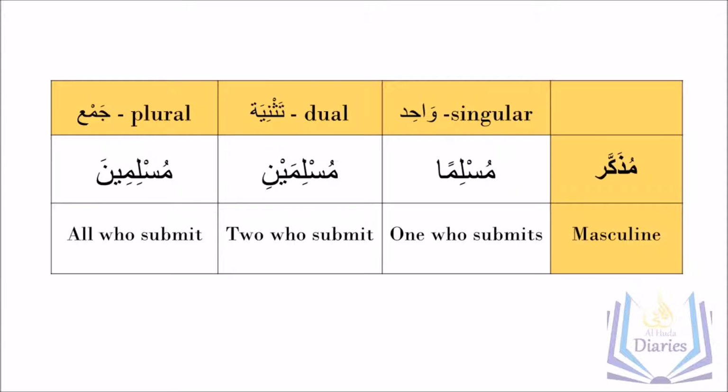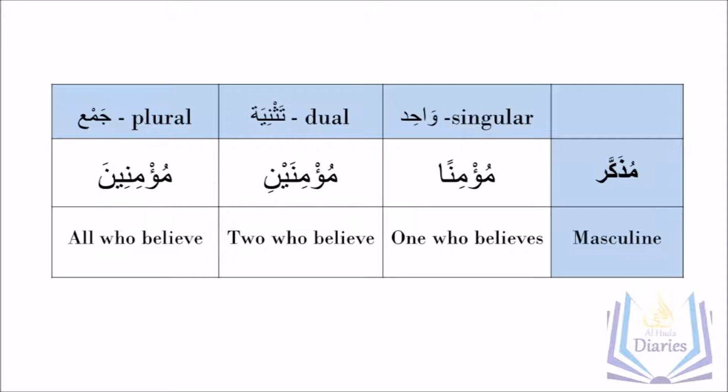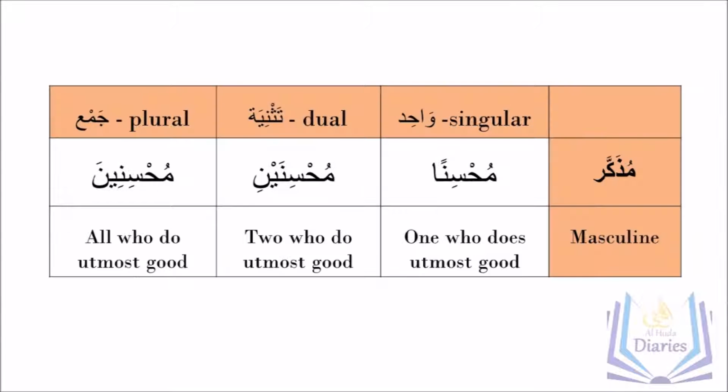And when it comes to the state of nasab, the jam muzakkar, it becomes muslimina. That is, the last letter of the word gets a kasra and then you add the ending of ya noon. So when it comes to tasniya, the last letter of the word gets a fatha and then ya noon. And when it comes to jam, the last letter gets a kasra and ya noon. Therefore, it will become musliman, muslimaini, muslimina, mu'minan, mu'minaini, mu'minina, muhsinan, muhsinaini, muhsinina.